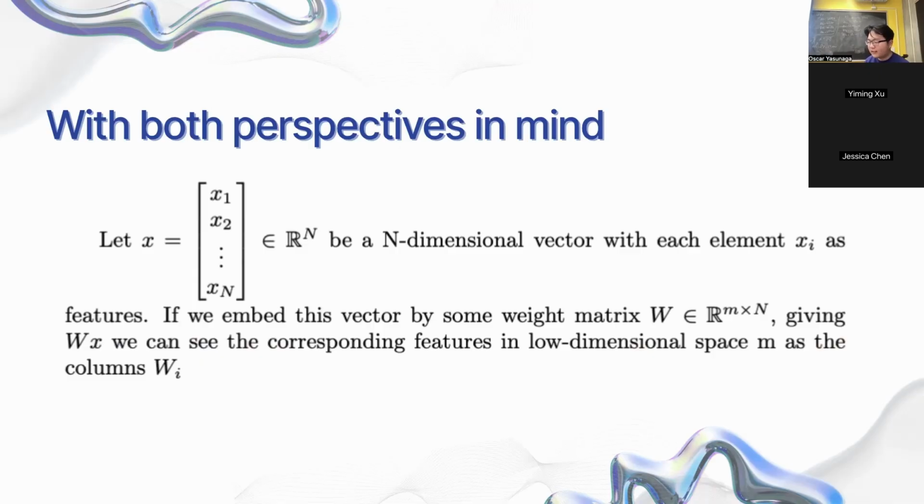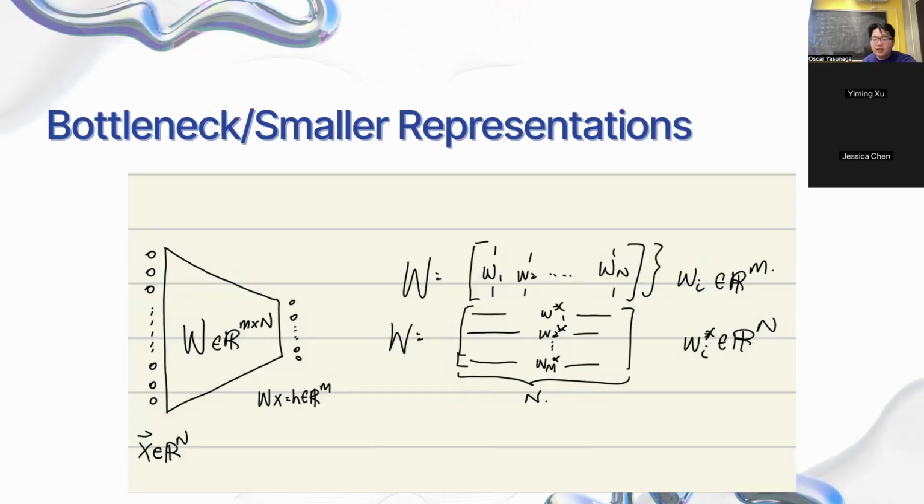Specifically, we'll look at the columns of the weight matrix. Since the weight matrix is m by n, we can view this, for those who know, like an encoder type model, where you have a bottleneck as a result of inputting this high dimensional feature vector X.